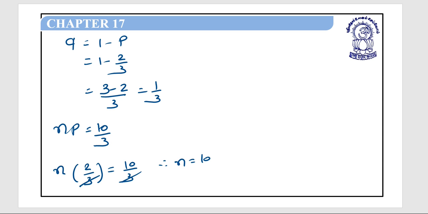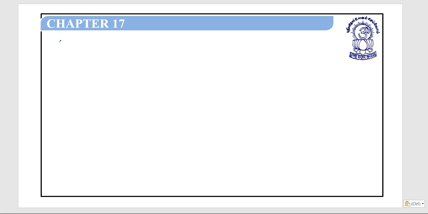So n is equal to 10 by 2, 2 5s are 10, is equal to 5. So n is equal to 5, p is equal to 2 by 3, q is equal to 1 by 3.